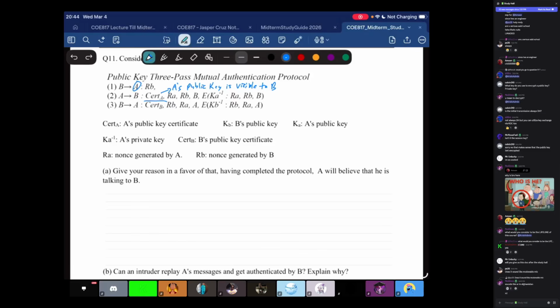The answer is actually saying something else. I hadn't done this question, because the answer is saying that A applies B's public key on another message that it transmits.